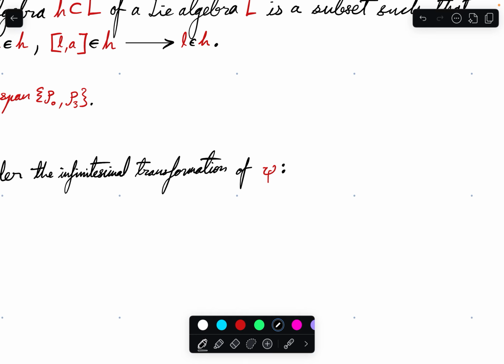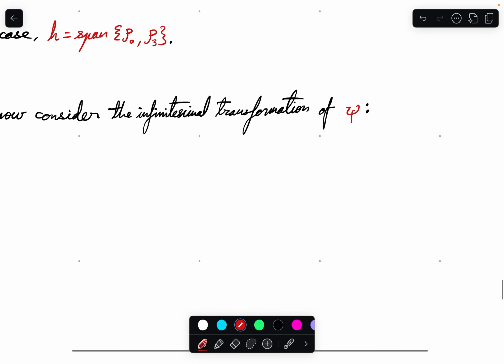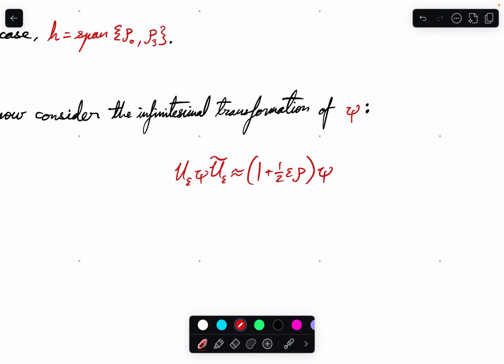Okay. So now we have U epsilon C U epsilon reverse, and this is going to be approximately the same as 1 plus 1/2 epsilon rho C, and then 1 minus 1/2 epsilon rho.